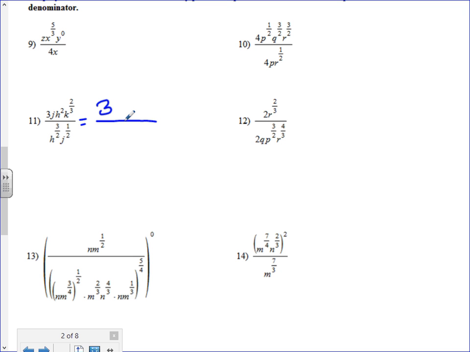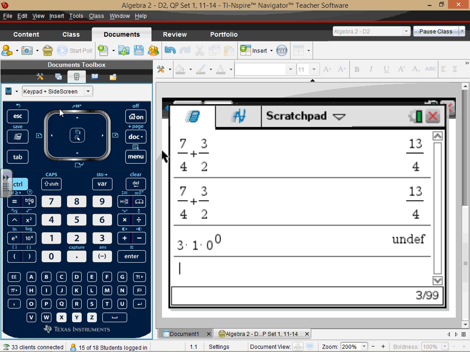And now we're going to go in alphabetical order, H, I, J, K. So let's start with H. H to the 3 over 2 and H squared. Since this is a division problem, subtract exponents. So what is 2 take away 3 over 2? If you don't know, ask your calculator. So H to the 1/2.